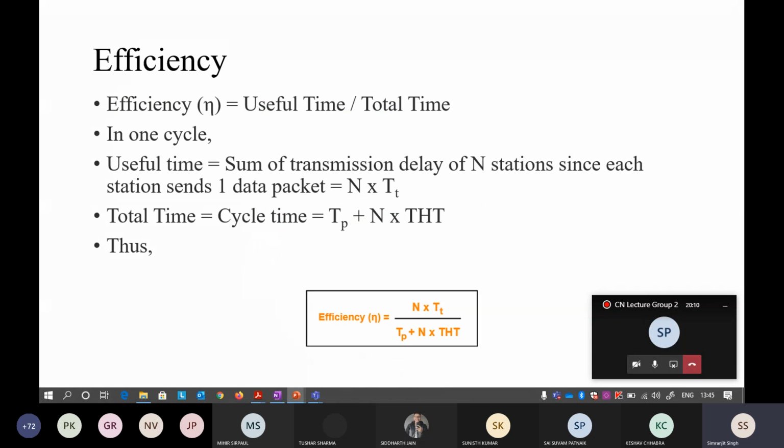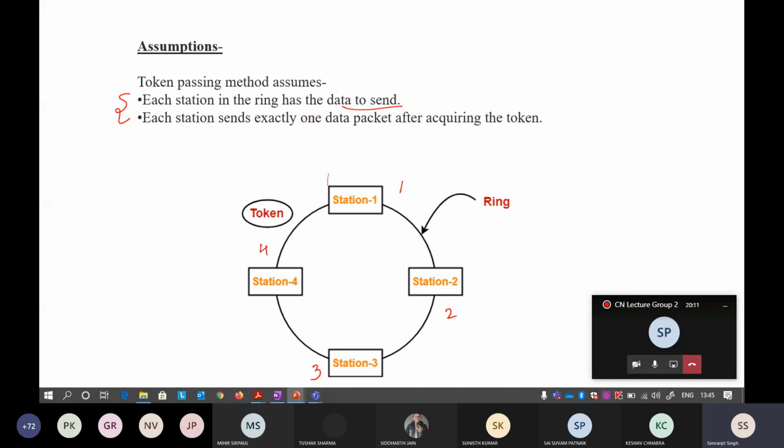Now, how can you find out the efficiency here? Without looking at the formula, you can easily figure out the efficiency. Efficiency will be useful time over cycle time, or total time. Useful time, when talking about efficiency, will be the time taken to transmit the packet.